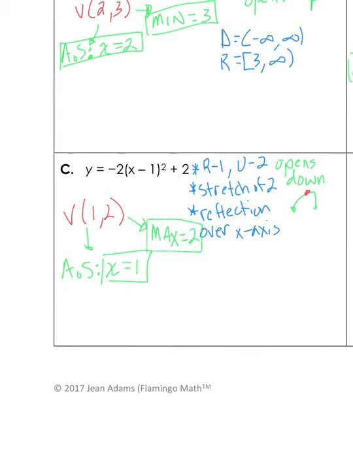That will help me with my range. So my domain is -infinity to +infinity, but my range, the lowest value is actually -infinity because this keeps opening down here, so it just keeps going down and down and down. I can't get to my lowest value. So my lowest value is -infinity, and it only goes up to the maximum value of 2.